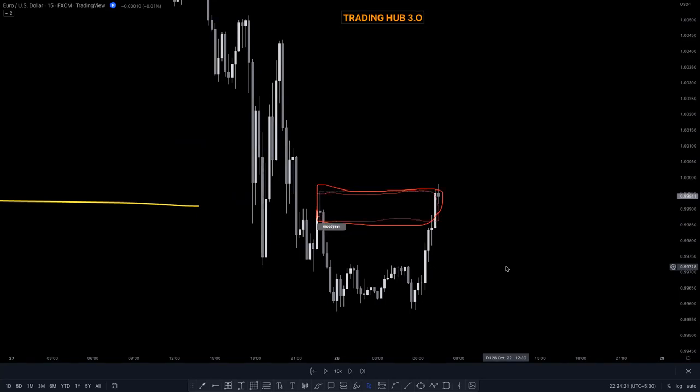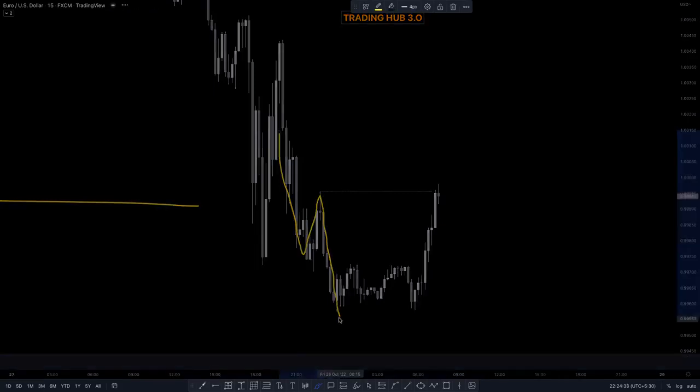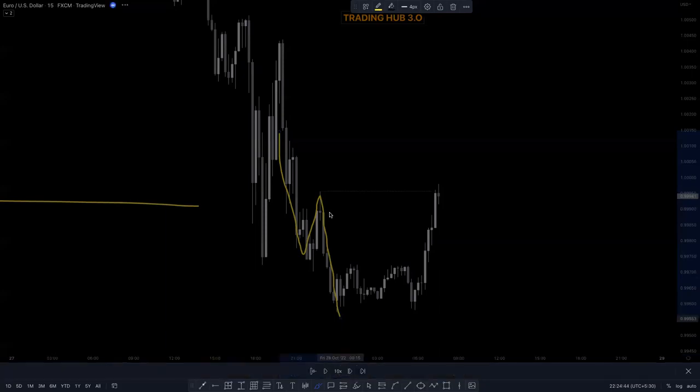SMT means where there is no liquidity, no inducement, so this is a single leg, correct? We can sell after taking out the inducement.